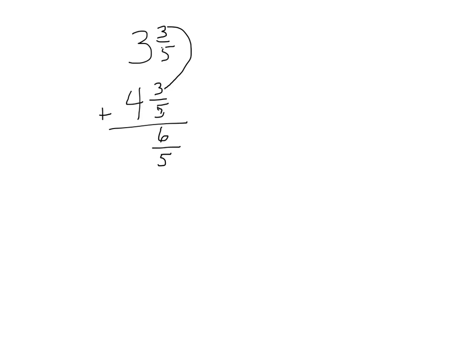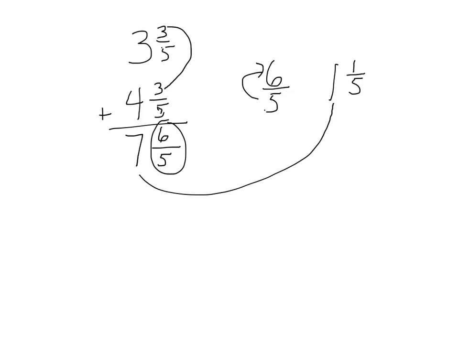We add our big numbers together, our whole numbers, but then we have to change this improper fraction into a mixed number, which we just got done doing. 5 goes into 6 one time with 1 left over, and our denominator stays the same. We have to make sure that we put together our two whole numbers, which is 8, and then our fraction is 1/5.